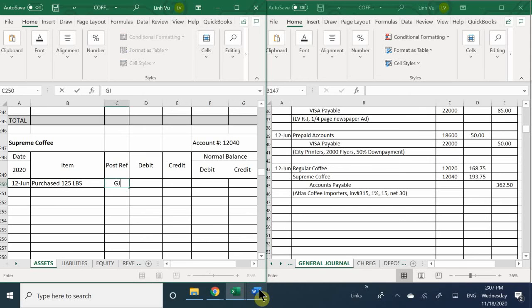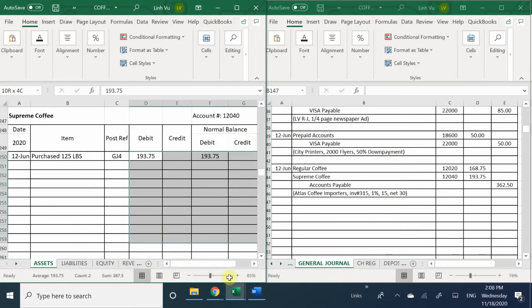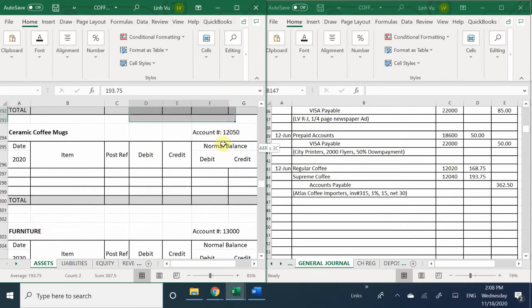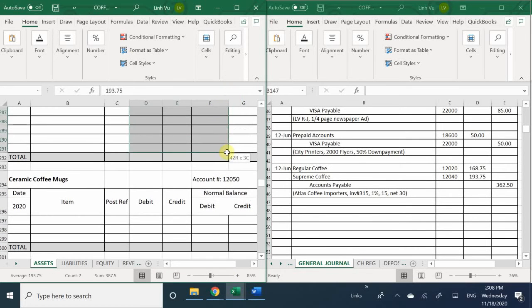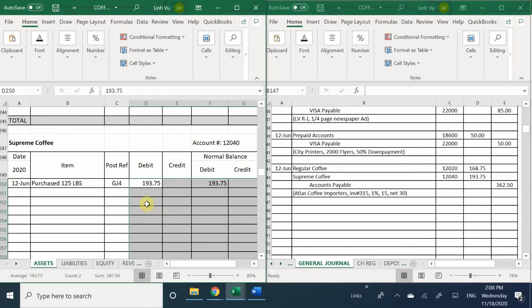Okay, general journal number 4, and I've debited my account for $193.75, bringing of course my account balance to reflect the same thing. I'm going to also highlight this and place it in decimal form.